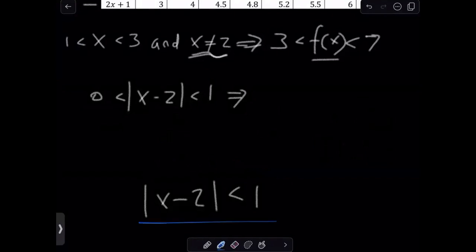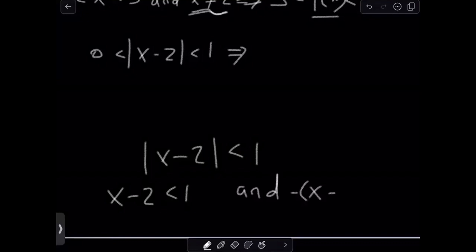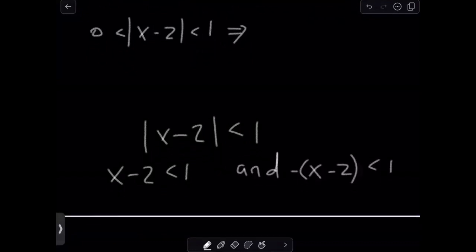Now, let's look at this portion here, absolute value of x minus 2 less than 1. Let's use our rules for absolute values. So this is going to be x minus 2 less than 1, and negative (x minus 2) less than 1, and we solve both of them and take the intersection.